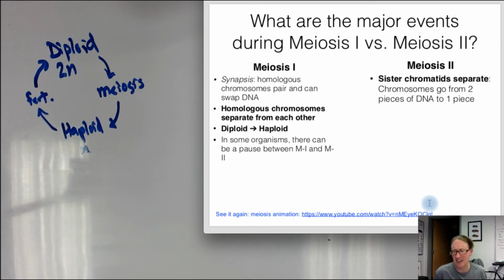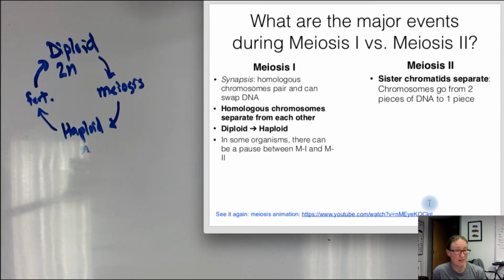This is a side note, but in some organisms there can be a pause between meiosis 1 and meiosis 2. It really just depends on the specific organism. Okay, so that's meiosis 1. Meiosis 2 is a little bit simpler. It's very similar to mitosis in that the main thing that happens in meiosis 2 is the separation of sister chromatids.